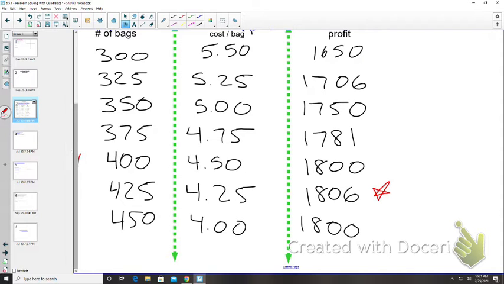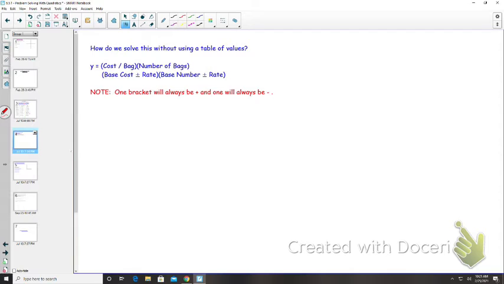So we just found our value using a table of values. But how could we solve this without using a table of values? We're going to have a formula here. In what we just did, our y value is going to be the profit, the y-axis.